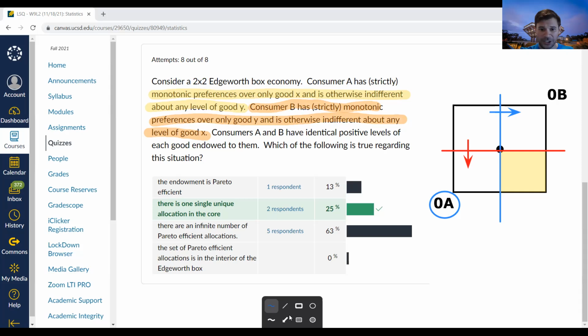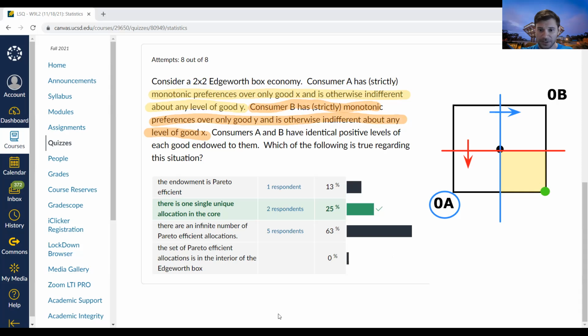So I'm going to suggest there's actually only a single point in this diagram that identifies the efficient allocation, and that is in the bottom right corner of the Edgeworth box. That's the only efficient allocation in the entire box.